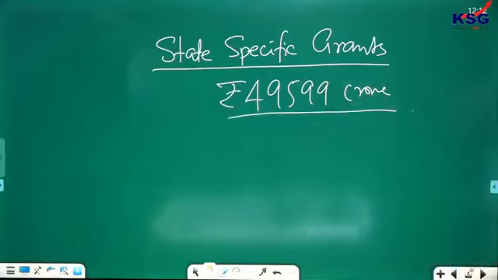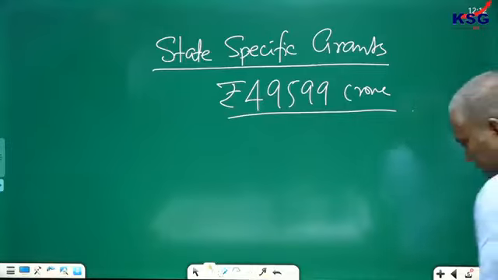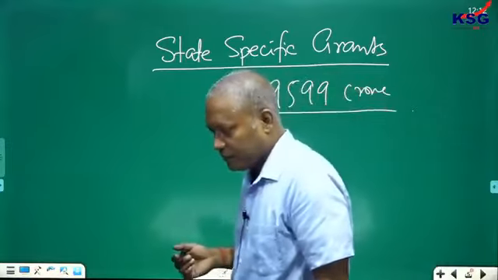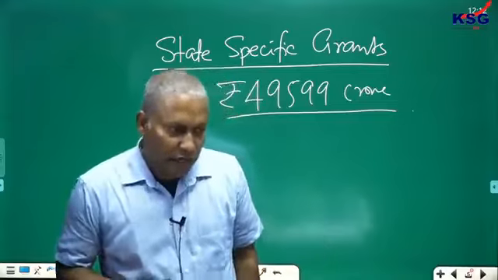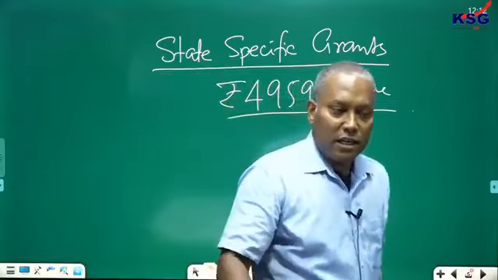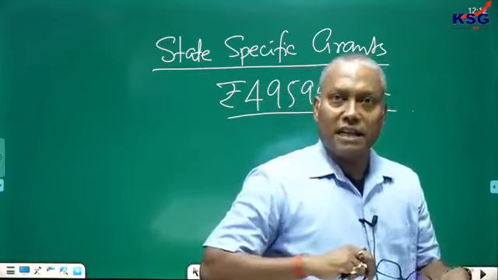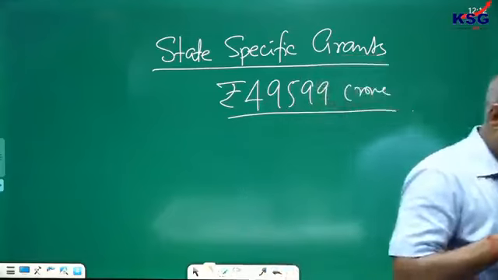The commission recommended state specific grants of rupees 49,599 crore. These grants will be given in the areas of, it's state specific, but if it's given to state, then state has to use it in that particular area.